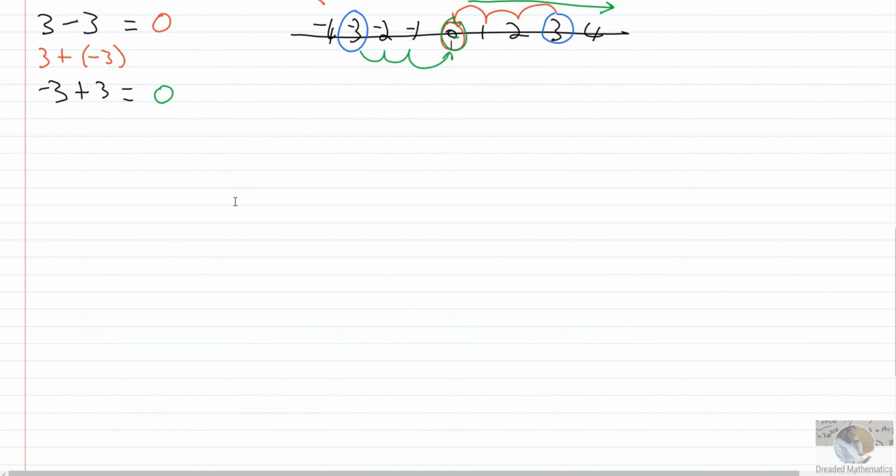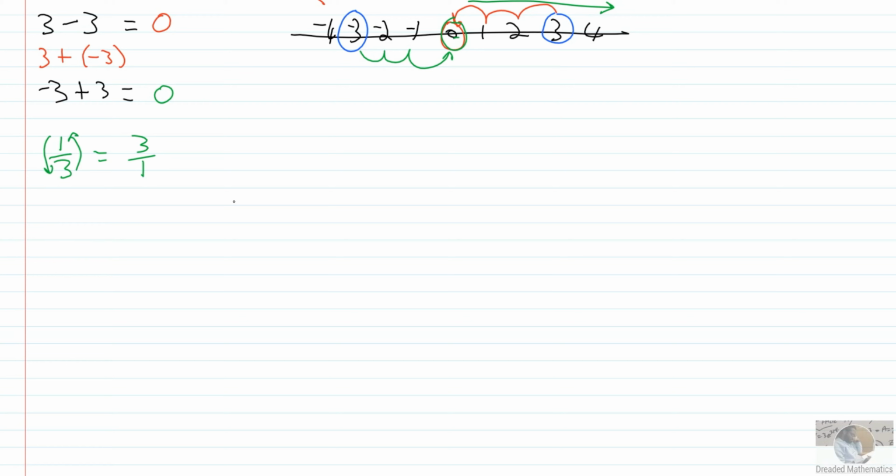What if we wanted to find the opposite of a third? We had a third, and what is the opposite? Well, the opposite of this is just 3 over 1. This is what we call the reciprocal. You're just flipping it, moving the numerator with the denominator.